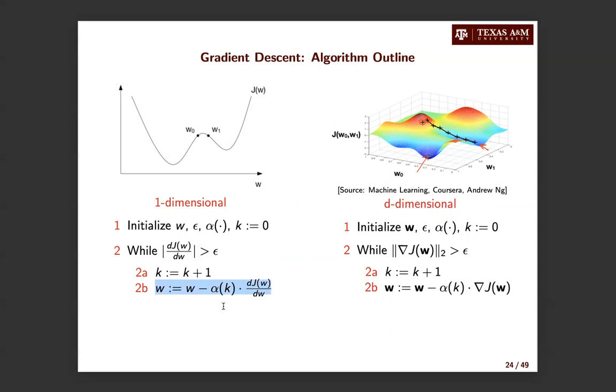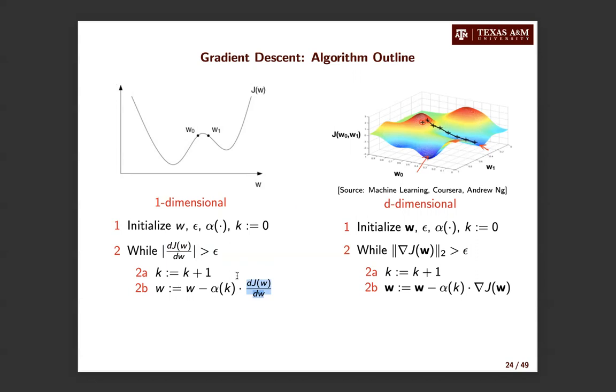This opposite side of the derivative is represented by this notation: minus dJ of W divided by dW.